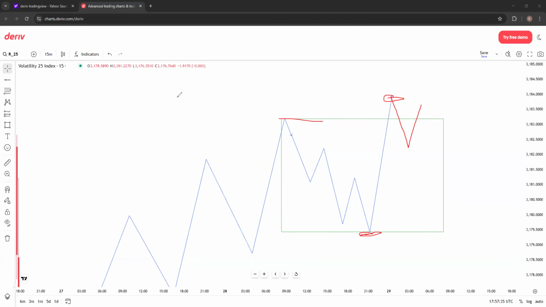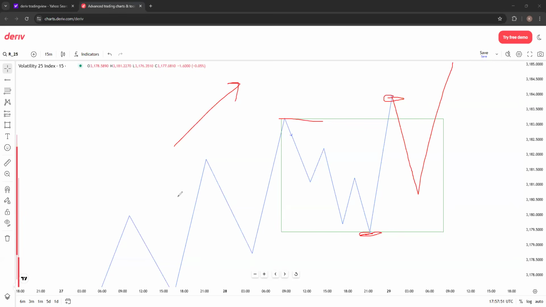From what we see here, based on this market structure, what we know is we are supposed to come and give a low and then continue, so that we flow with the market structure that's happening.